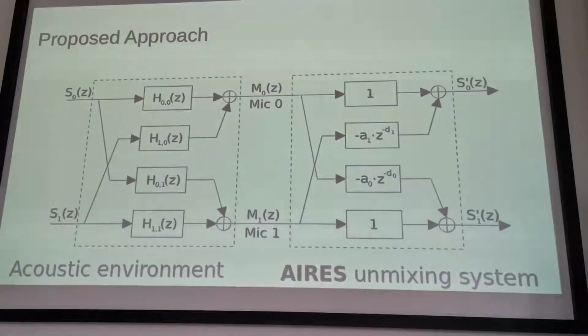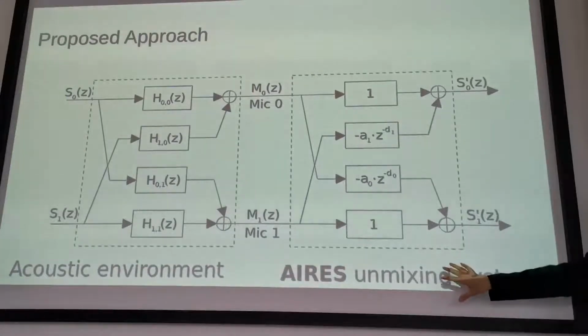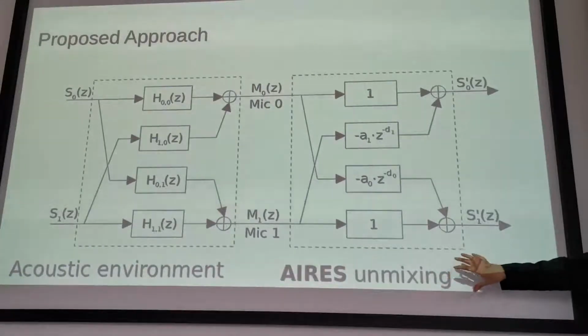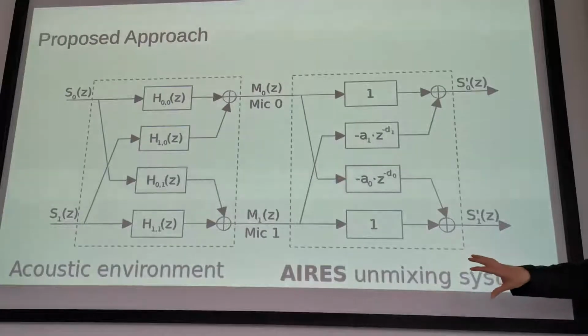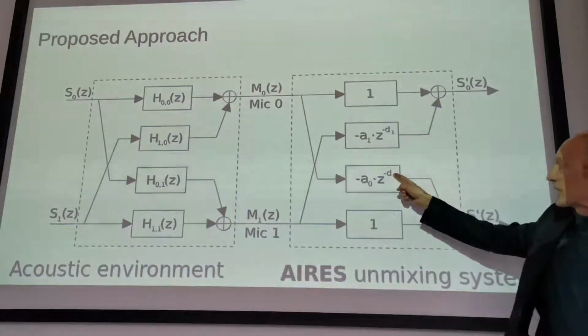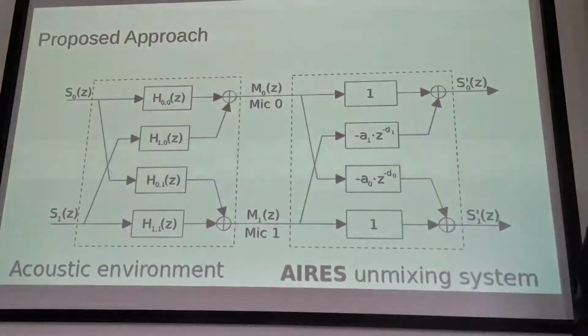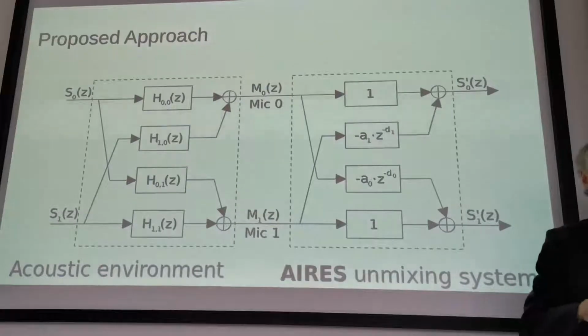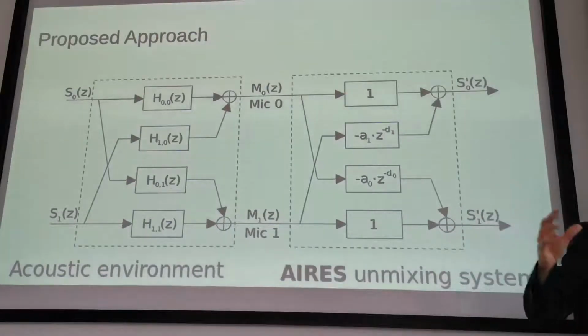So basically we have a very simple unmixing system here, which can mainly be built using a pure delay and an attenuation. In practice, this is often an oversimplified assumption because we also have echoes from the room, for instance.